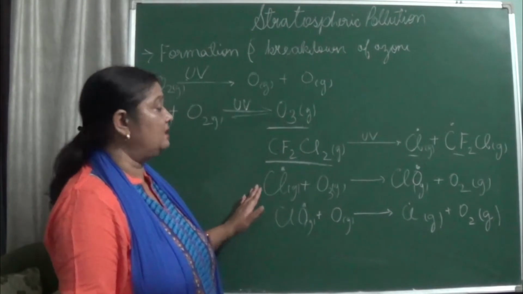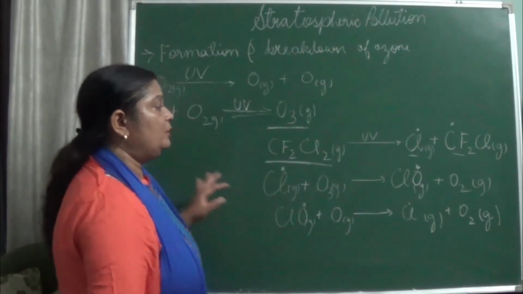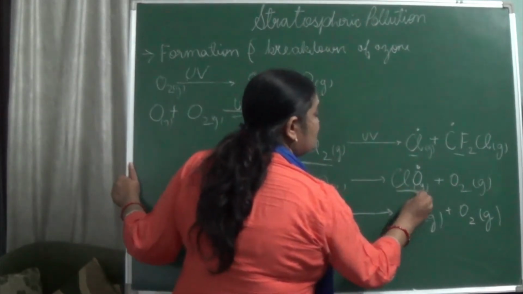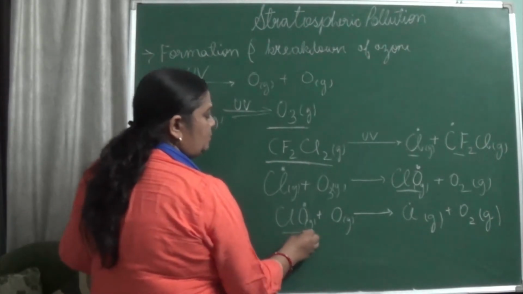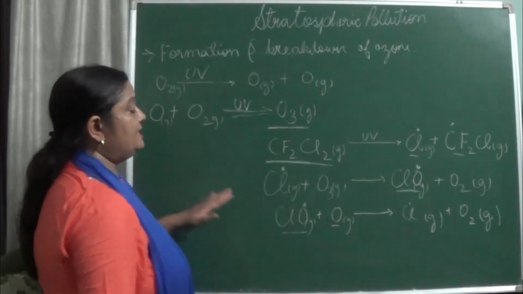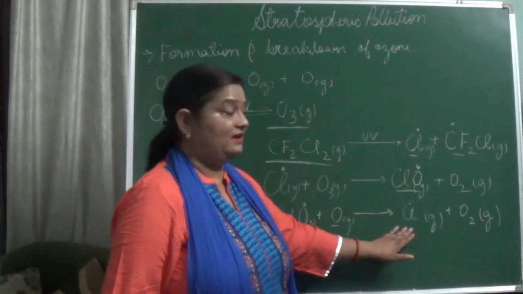This chlorine radical combines with ozone, and now you will see that chlorate (ClO) has been formed. This is also very active in nature. This ClO again combines with nascent oxygen, and again the chlorine radical is released.